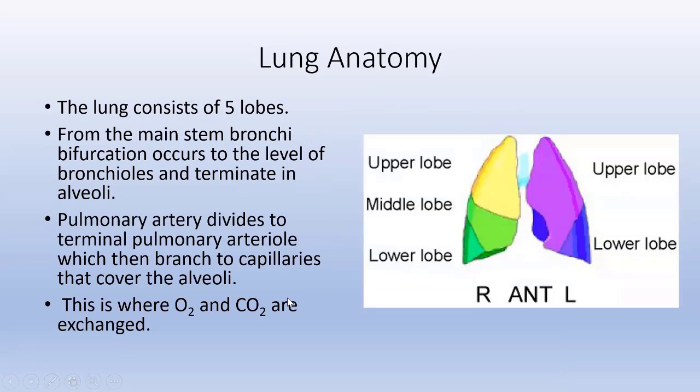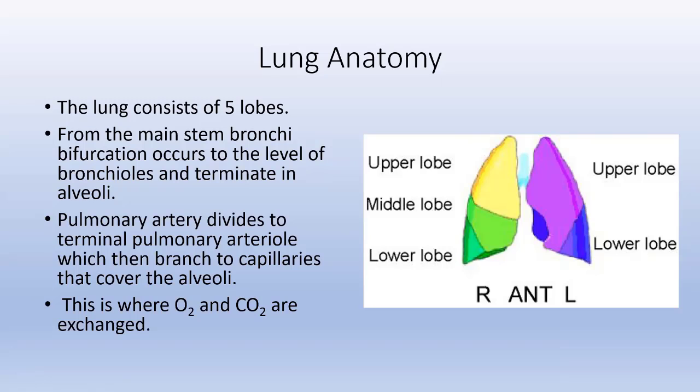Let's start off with lung anatomy, some very basic stuff, which I think most of you, if not all of you, really know, and that the lung consists of 5 lobes. And from an air standpoint, you've got the main stem bronchi that bifurcate down the levels of the bronchioles to lower bronchial to terminal bronchioles to the alveoli, where oxygen enters and carbon dioxide is exchanged.